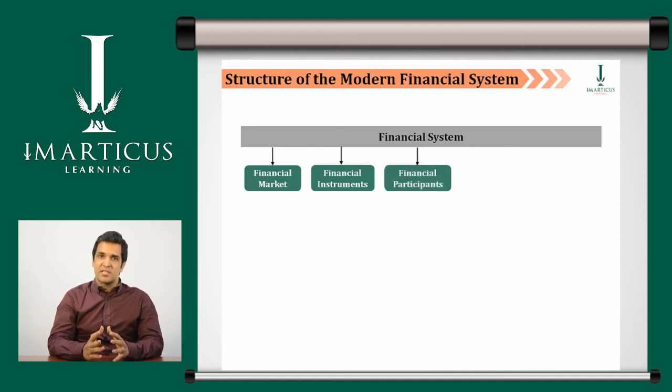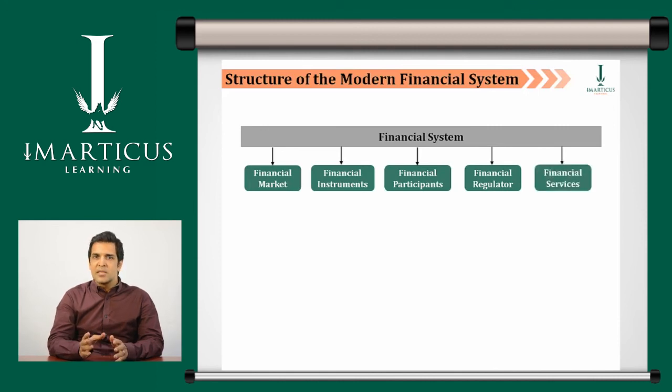Financial participants provide the required infrastructure and make the system more robust. Financial regulators are the watchdogs, ensuring no fraudulent activities are undertaken. Services could be either pre-transaction or post-transaction. These services are enhanced to meet modern-day risk craving.